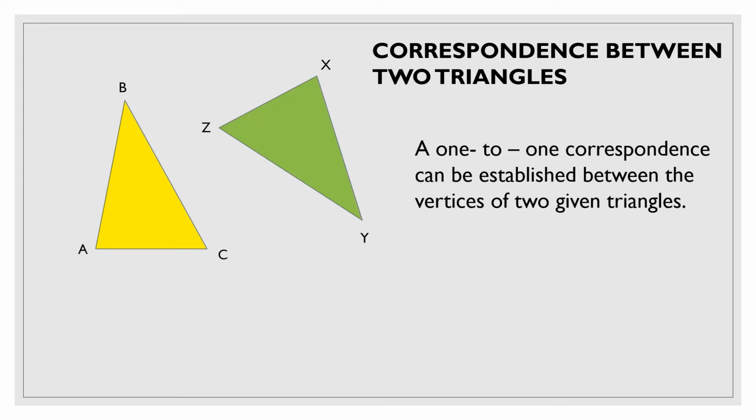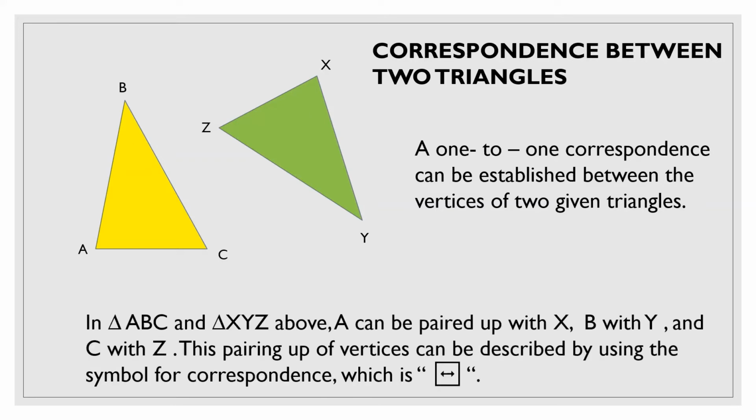Okay, so using the figure halimbawa, in triangle ABC and triangle XYZ, yung point A or vertex A can be paired with vertex X. Then, vertex B can be paired with vertex Y. And vertex C can be paired with vertex Z.